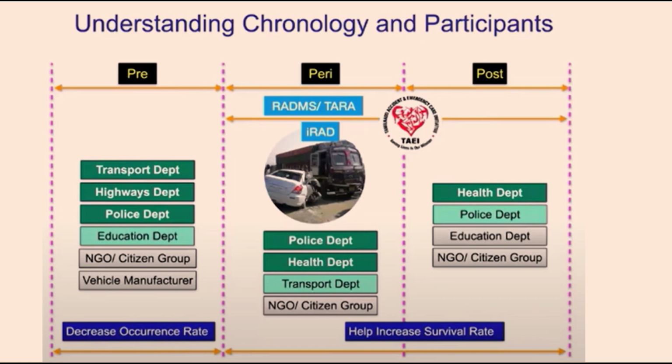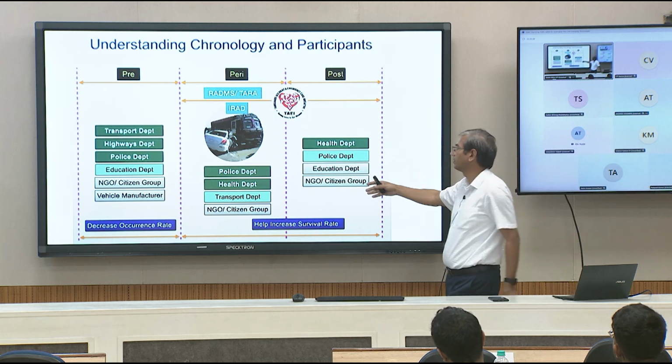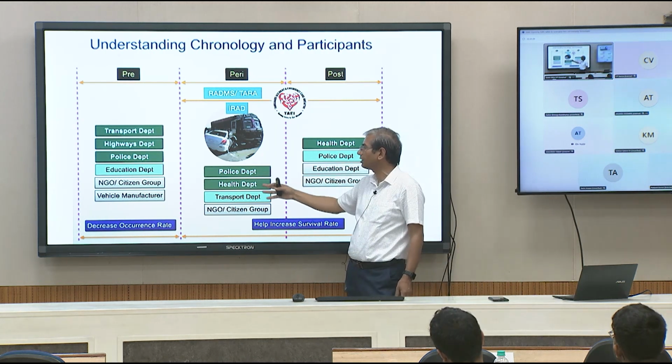So, how good the road is, and whether it is properly enforced or not: traffic policemen will be responsible for all the enforcement, the education department will run the awareness campaigns, and NGOs or vehicle manufacturers will provide certain safety features. That is the regular role before the accident, and during the accident maybe only these 2-3 will be responsible.